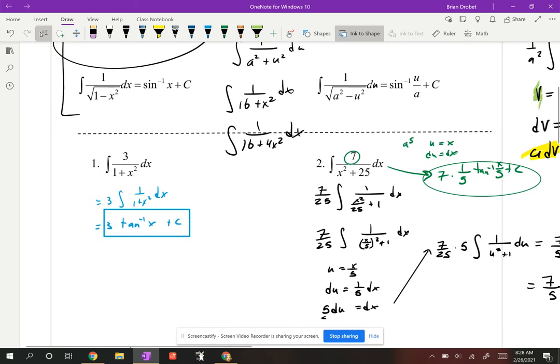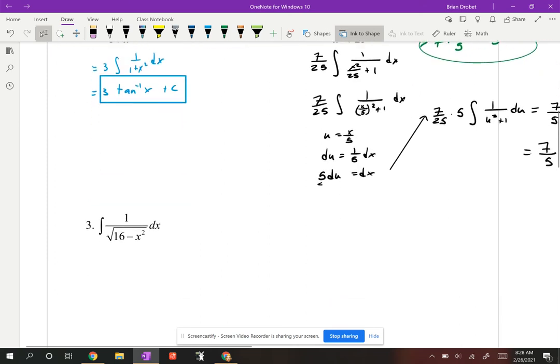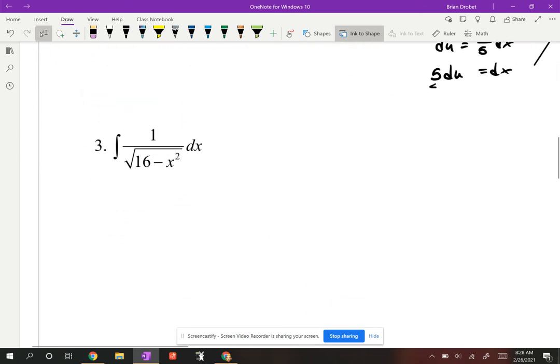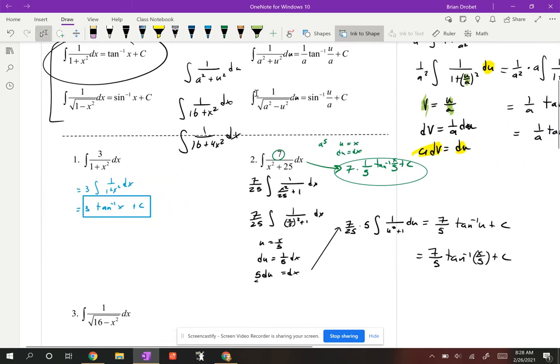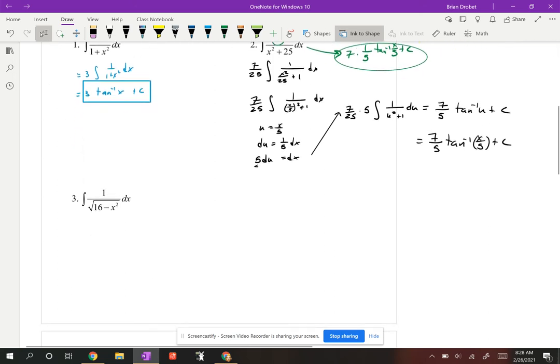All right, and then let's just run through this last one real quick here. So I'm going to do the same method on this one. Again, I'm going to allow you, if you wish, you can use this formula right here, but I'm going to just do it this way. So once again, the first thing I want to do is turn that 16 into a 1.